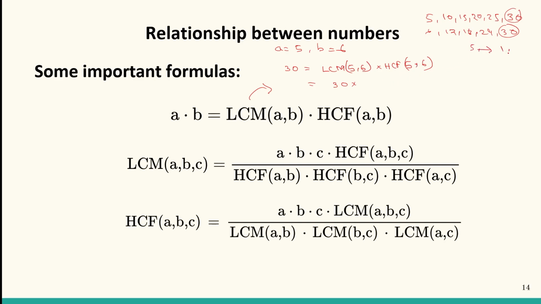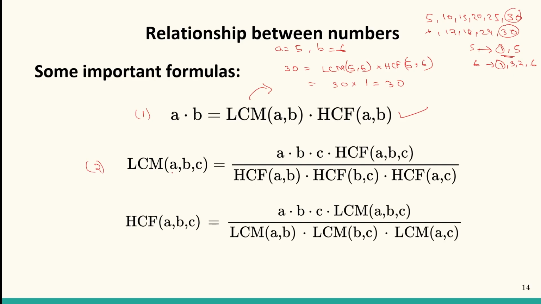This is a prime number, so 1 and 5 are the only factors. And for 6, 1, 2, 3, 6 are the factors. So the only common one is 1, and the highest common factor is actually 1. So this is 1, that is equal to 30. Hence, this can be verified by this observation. This is the first observation, and this is the second observation.